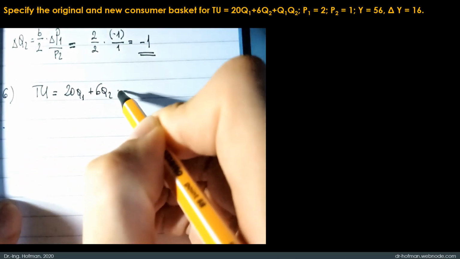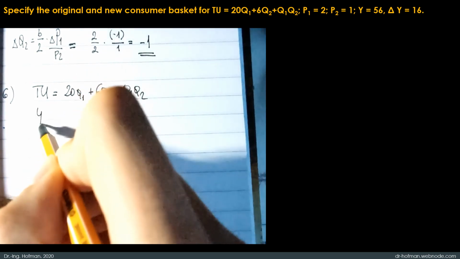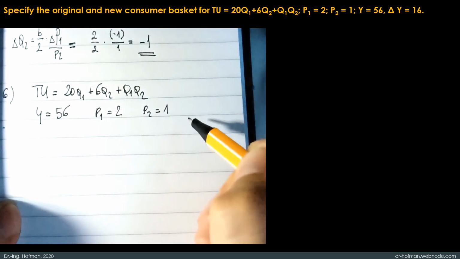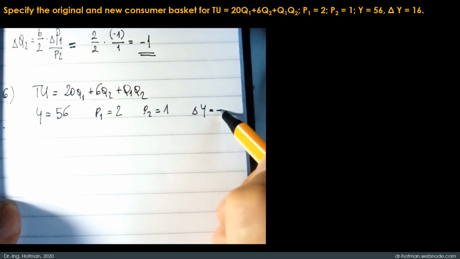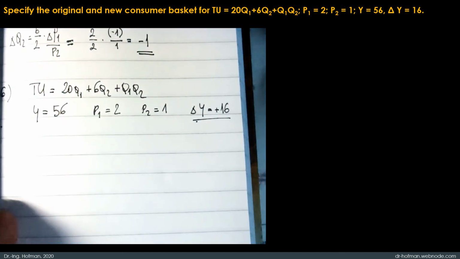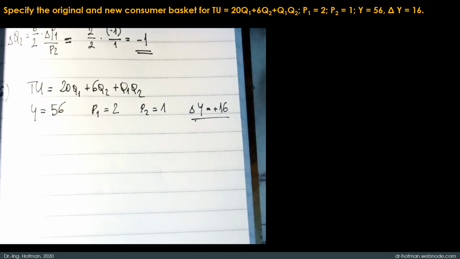Specify the original and new consumer basket if you know the total utility equals 20Q1 plus 6Q2 plus Q1Q2. We also know the yield is 56 euros, the price of the first good is 2 euros, the price of the second good is 1 euro, and the delta, so the change in the yield, is plus 16 euros.